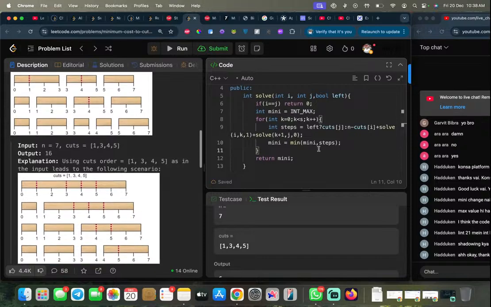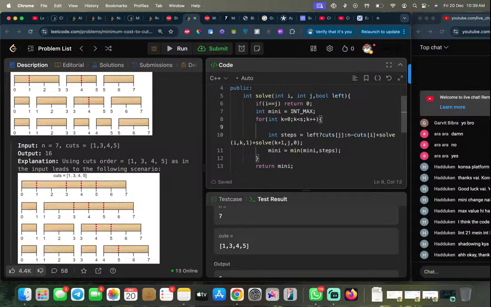Taking all of these. So if cuts of k greater than i and cuts of k smaller than n, smaller than j, then only I can do this.